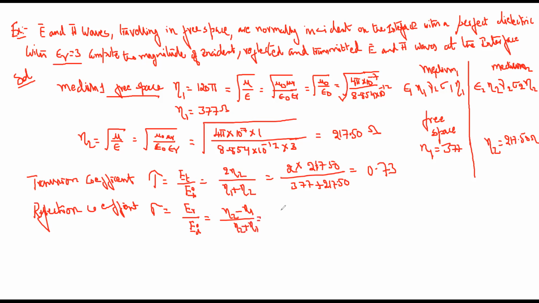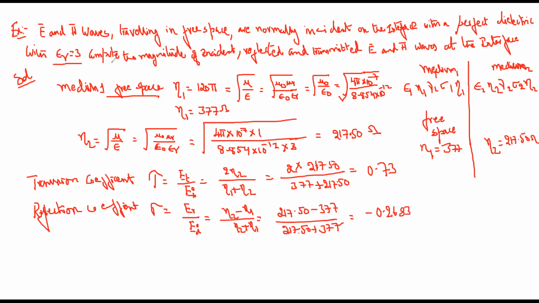What is the eta 2 here? 217.50 minus 377, as it is free space, and 217.50 plus 377. Because the highest value is 377 with a minus, we get a negative value, 0.2683. The reflection coefficient is a negative value.